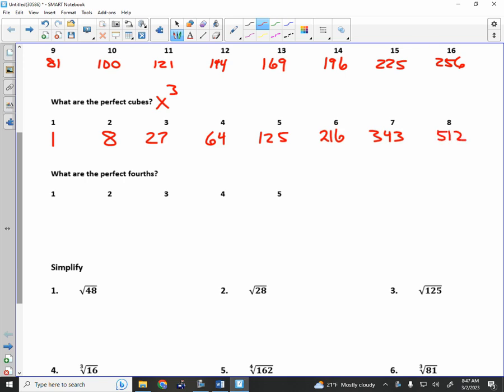Those are perfect cubes. Honestly, if you know up to 216, you're probably pretty good, but I would say that these are nice perfect cubes to memorize.